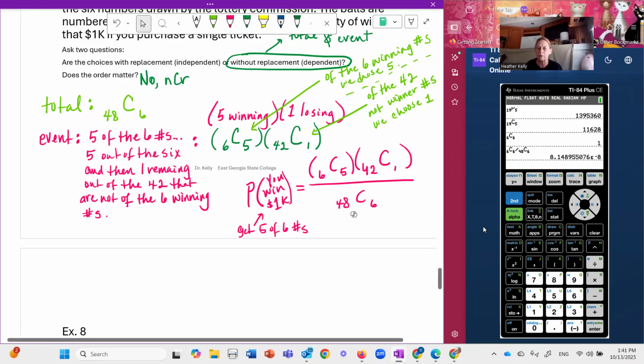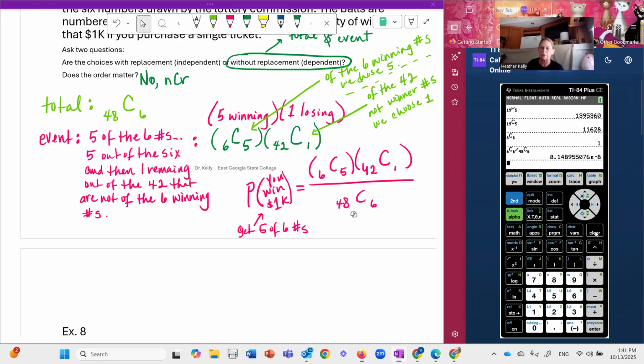Let me show you how it's going to go. Notice we have more than one thing in the numerator, so I'm going to start off with a set of parentheses. I'm going to go math, 6, choose 5, close parenthesis, times 42.